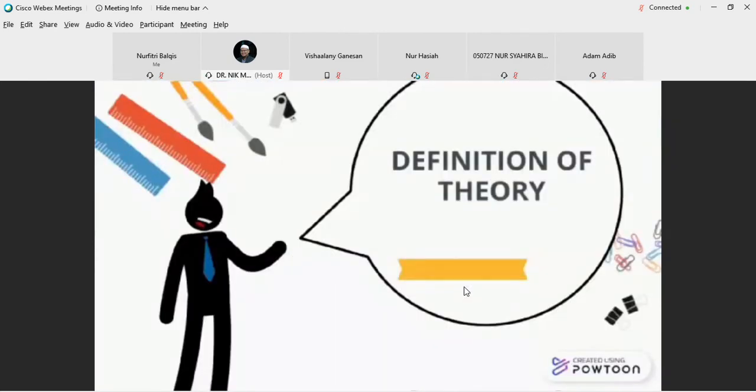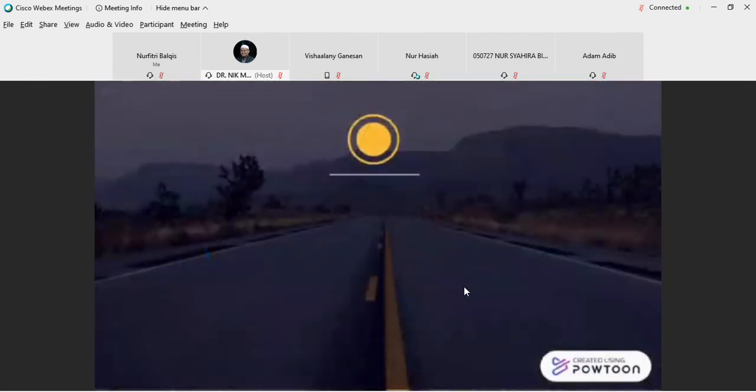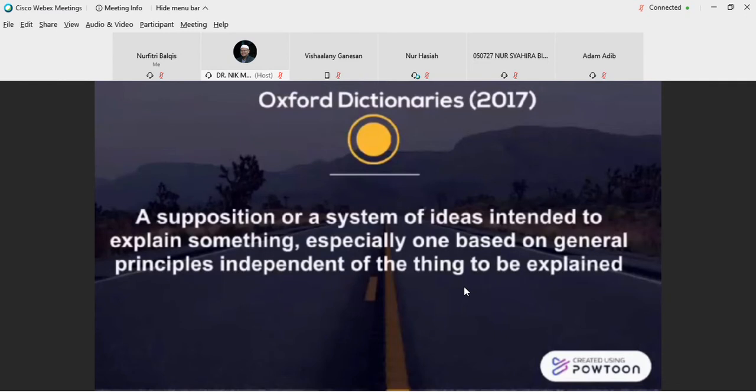Definitions of theory. Oxford Dictionaries 2017 provides various definitions of theory, including a supposition or a system of ideas intended to explain something, especially one based on general principles independent of the thing to be explained.